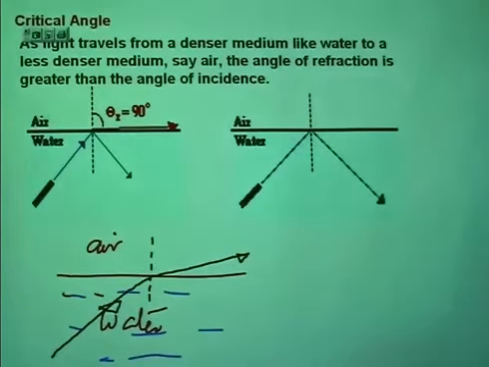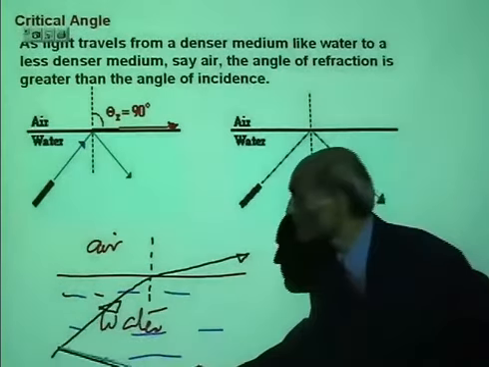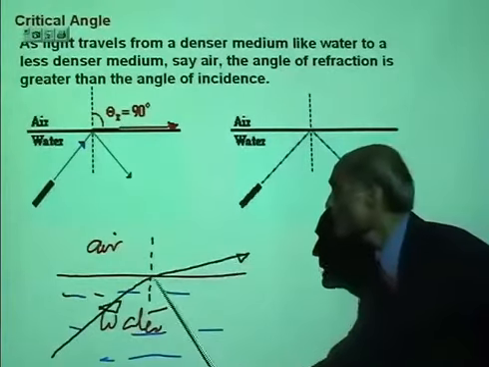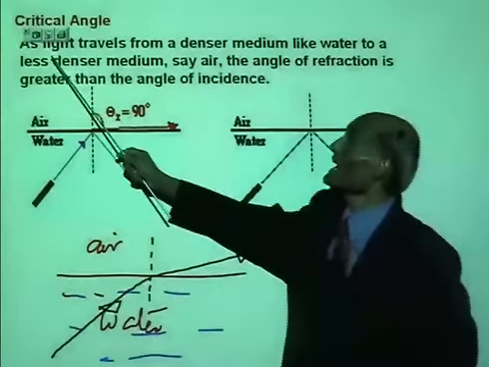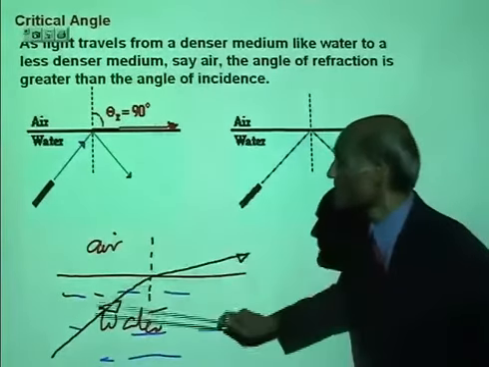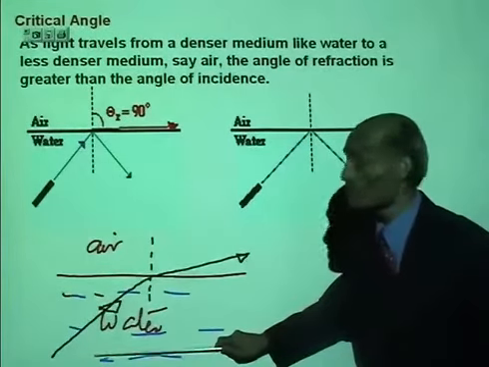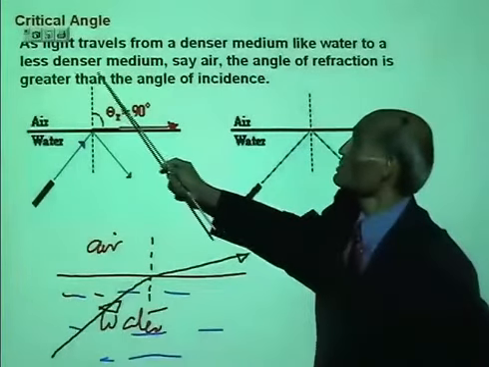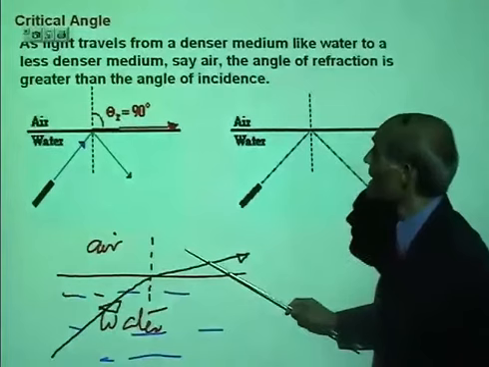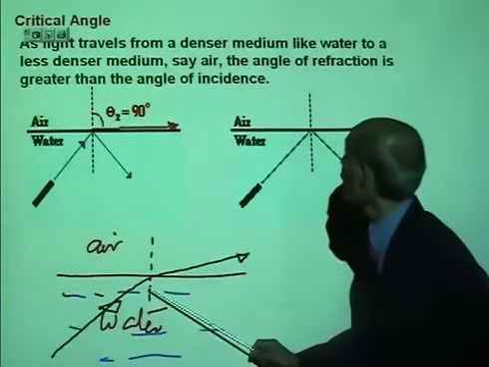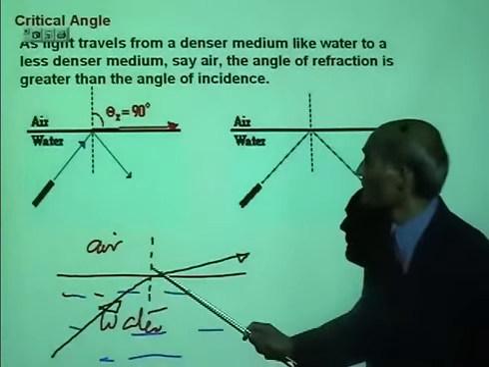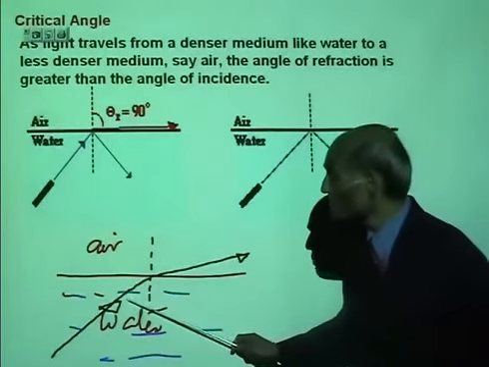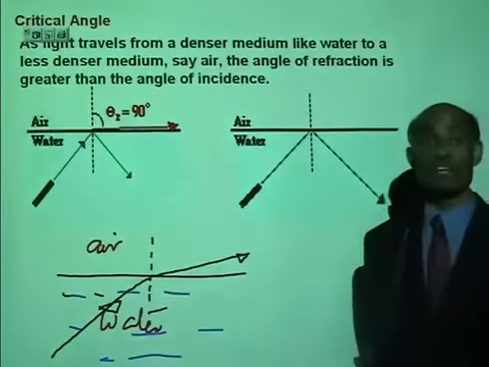Now, a ray of light that is coming from water into air is going to bend away from the normal. You see, as light travels from a denser medium like water to a less denser medium like air, the angle of refraction, this is the angle of refraction here, is greater than the angle of incidence.